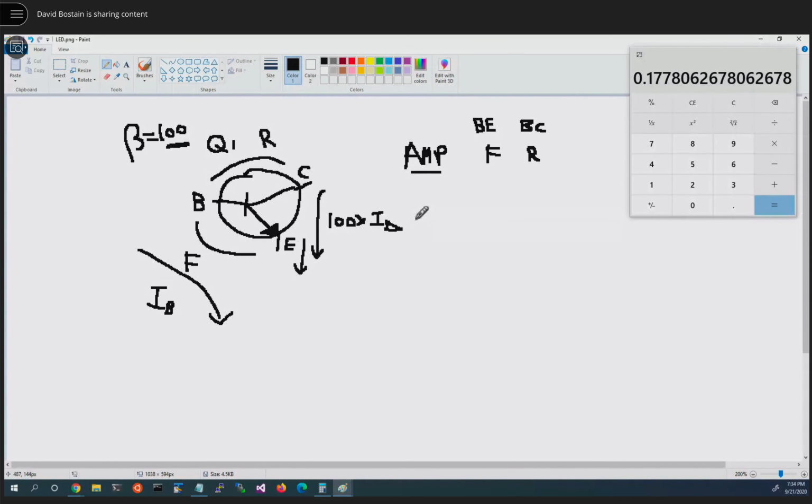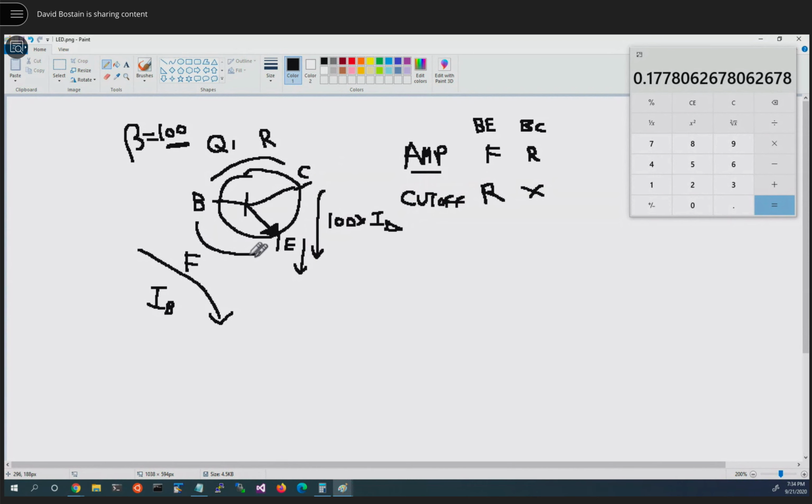Now, if for any reason this becomes reverse biased, doesn't matter what this is really, the transistor becomes cut off, meaning it will no longer amplify. So zero current will be coming out the emitter in that case, and zero current will be going in the collector.